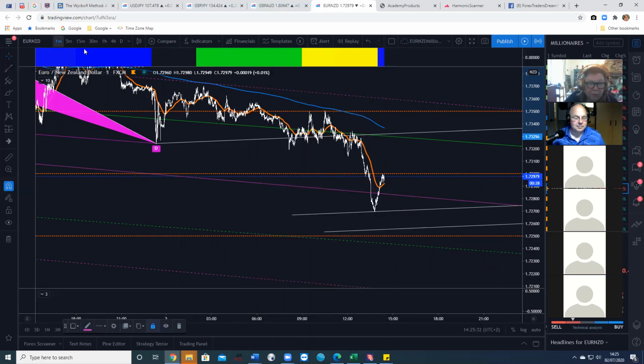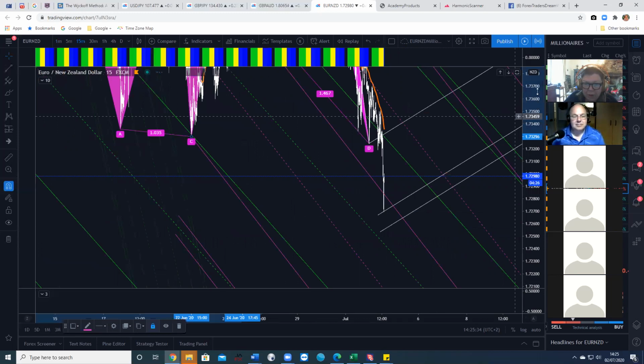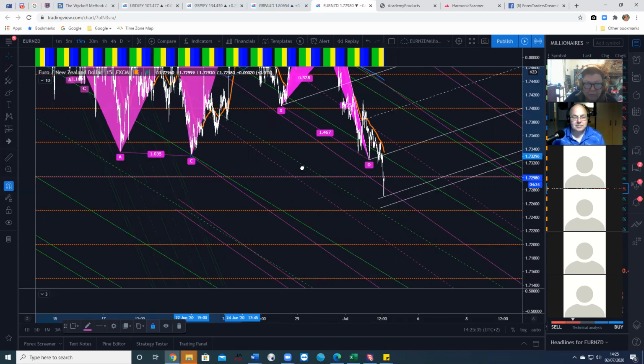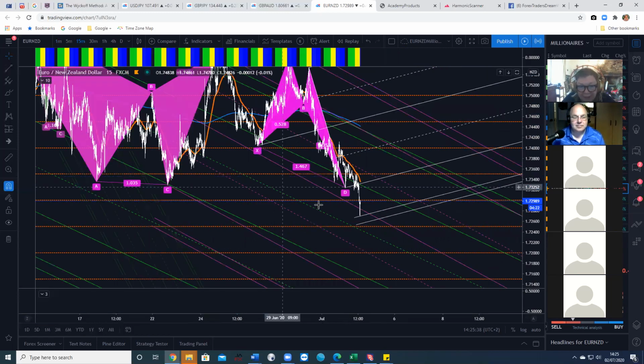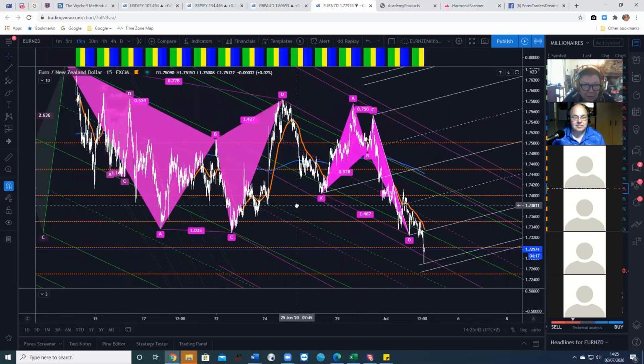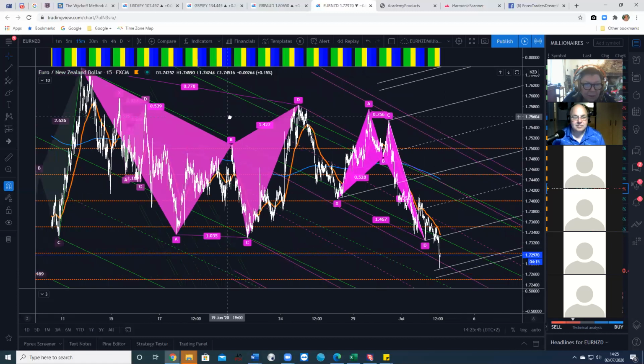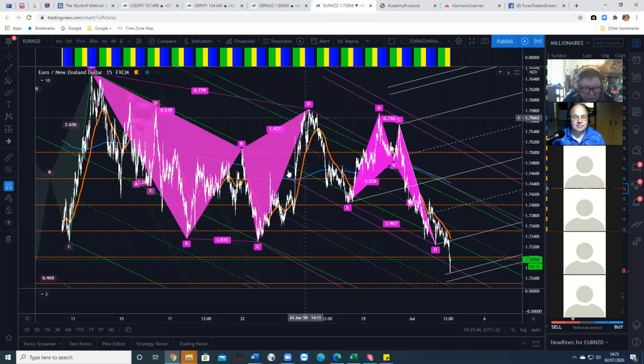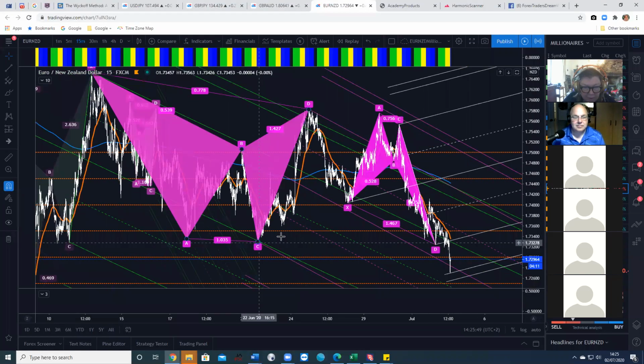Just let's have a look which scan. Not that we're going to trade it. Oh boy, that's one of my Star Wars ones, isn't it? So it's coming down off this. There's that D point. It's that one there. D point from the 24th of June.